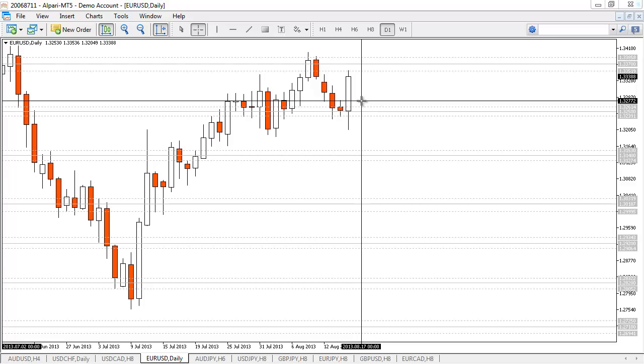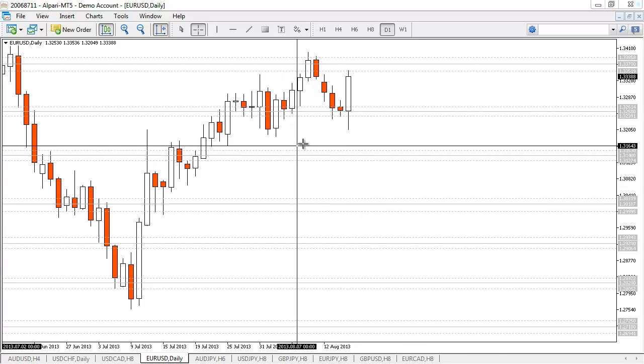But for the most part, I don't tend to pay too much attention to the news, because if you start staying out of the market every single time there's a red report on Forex Factory, you're going to miss so many trading opportunities. And the other thing about news is it tends to be factored in well before the actual release comes out.